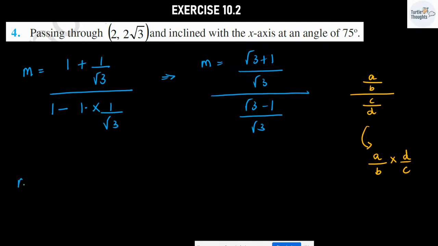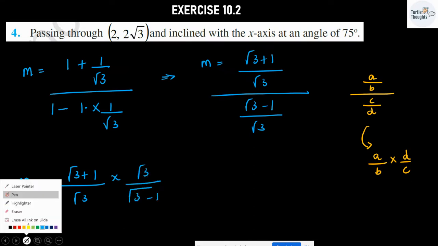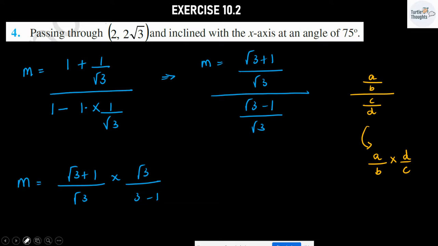Using the same, m is root 3 plus 1 divided by root 3, multiplied by the reciprocal of the denominator, so root 3 divided by root 3 minus 1. It is not whole root 3, it is just root 3. Now I can cancel root 3 with root 3, and the value of m is going to be root 3 plus 1 divided by root 3 minus 1.